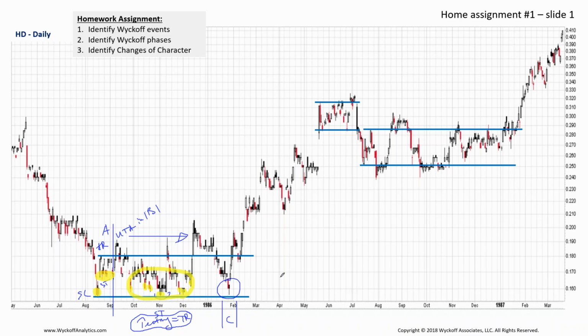The price action, unlike the other tests in phase B, the price gets much closer, and the spread of the bar narrows, and the rally that follows for the first time traverses through the trading range, commits itself above the resistance level, and then stays above that resistance level.